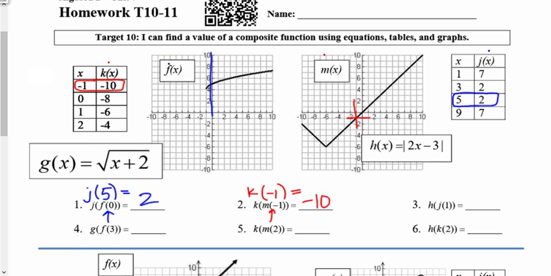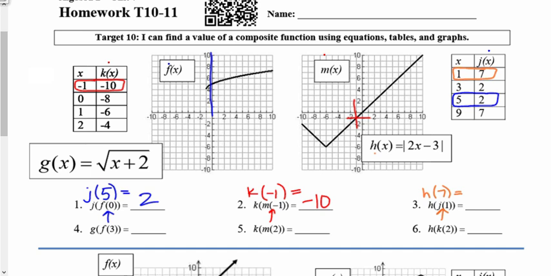All right. Let's do the next one. Start on the inside, do j of 1. J is this table on the right. I do j of 1, so I plug in 1 for x, and I get 7. So now I'm doing h of 7. H is this equation here.